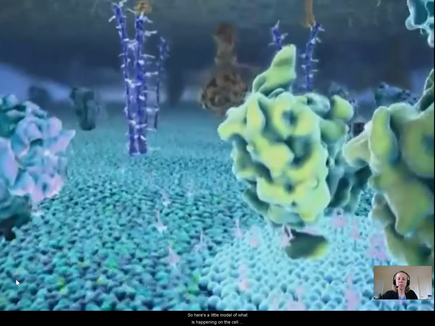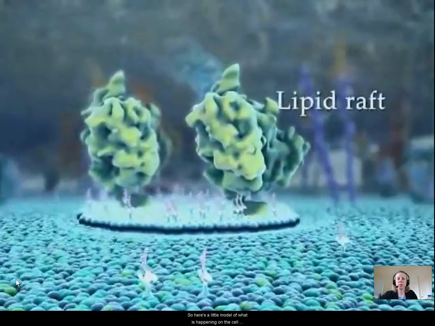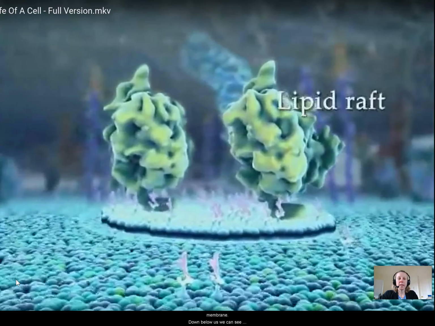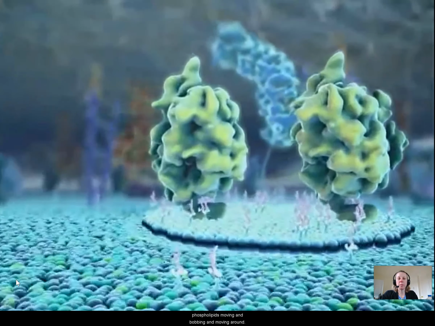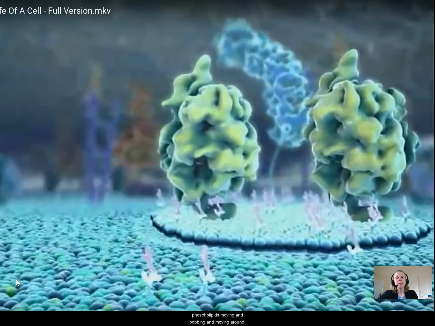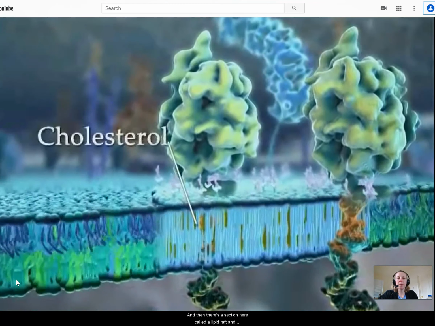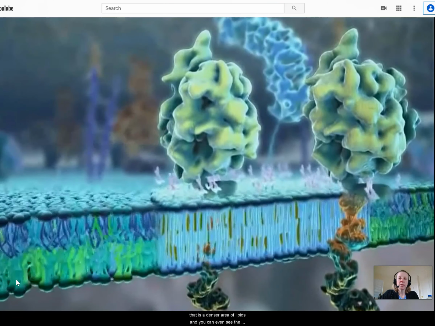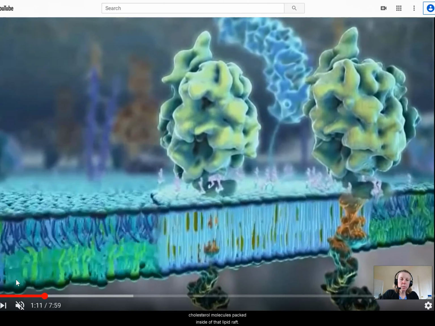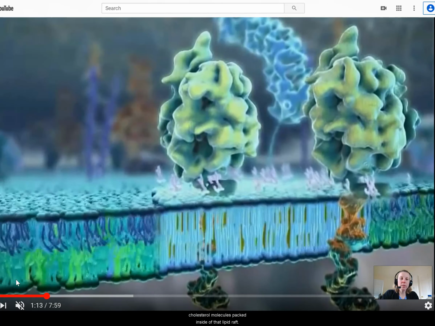So here's a little model of what is happening on the cell membrane. Down below, we can see the cell membrane, and you can see all the phospholipids moving and bobbing around. Then there's a section here called the lipid raft, and that is a denser area of lipids. You can see the cholesterol molecules packed inside of that lipid raft.